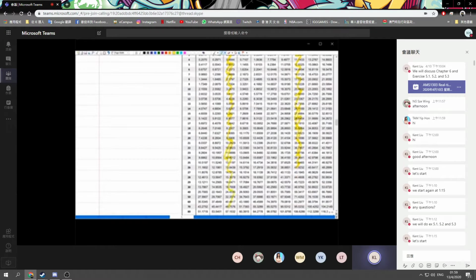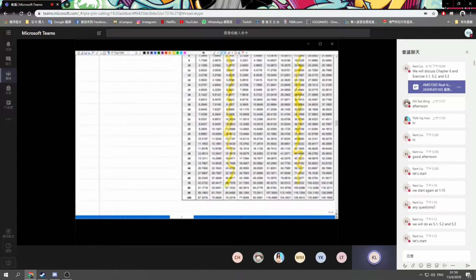We don't see exactly 99, so we will just pick the one closest to it, which is 100 in this case. So the degrees of freedom we're going to use is 100, even though the most correct value is 99. And we will get our critical values.